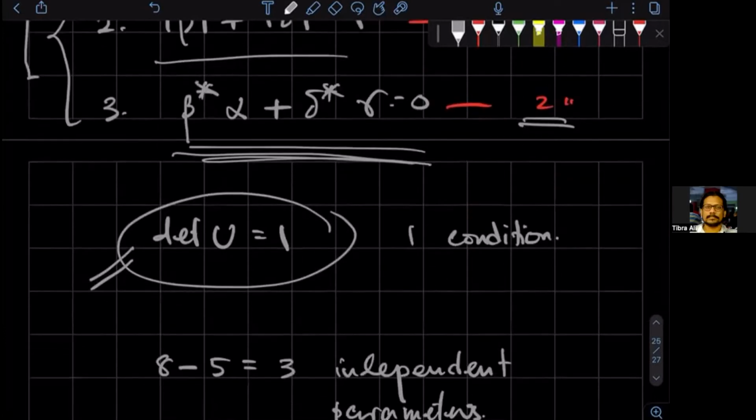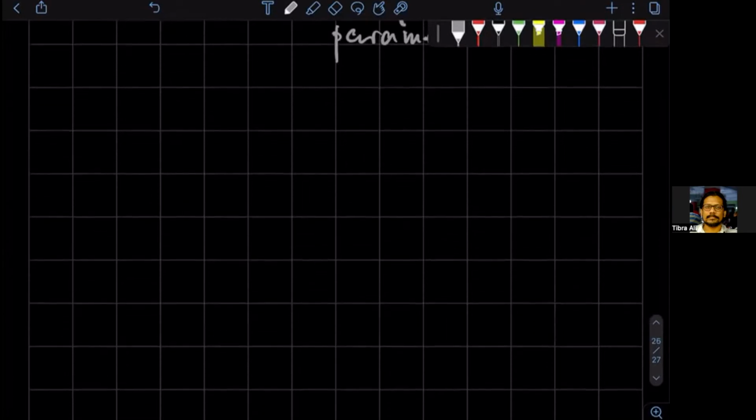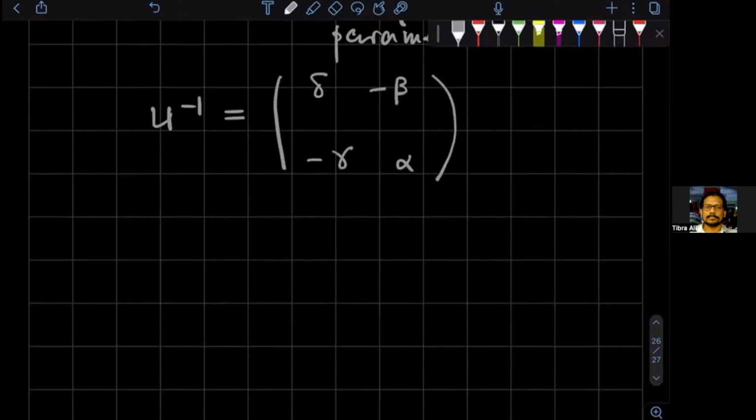All right, so now we also have this formula for the inverse matrix, right? So if I use the fact that the determinant of U is 1 and write what the inverse is, then this is delta, minus beta, minus gamma, alpha. This is just the inverse matrix.